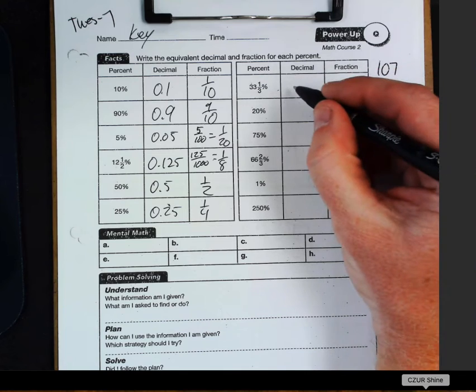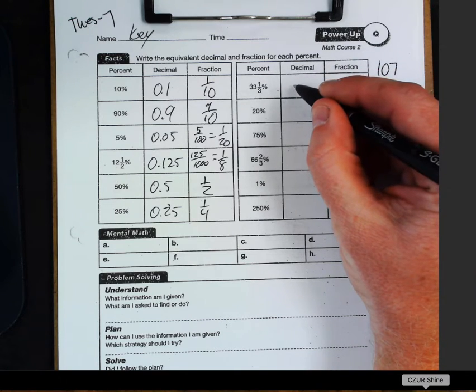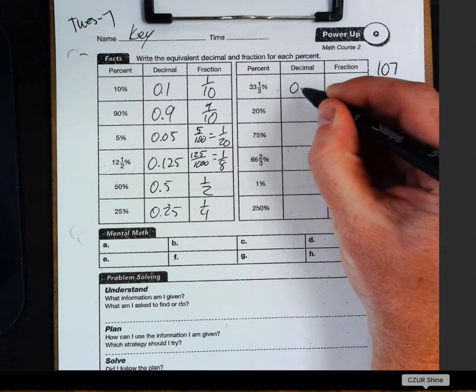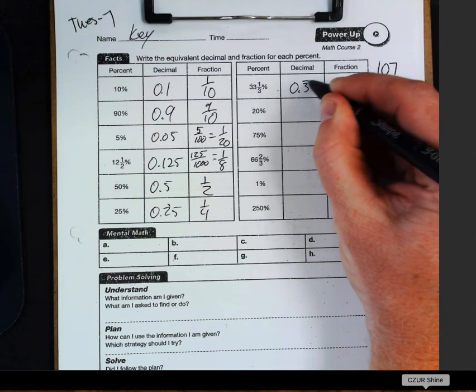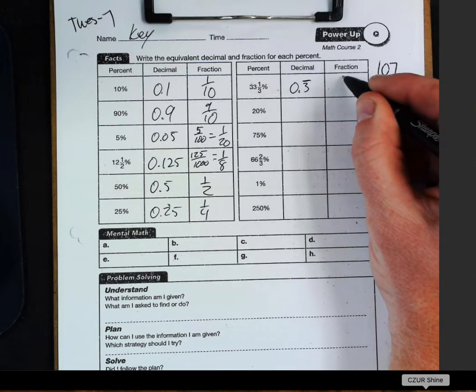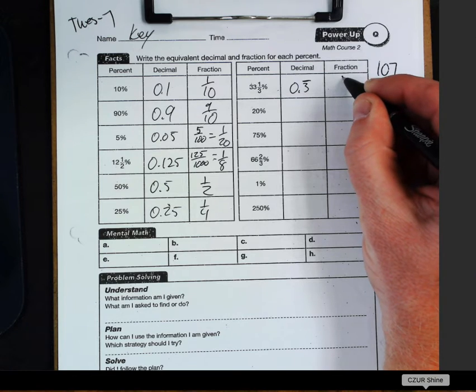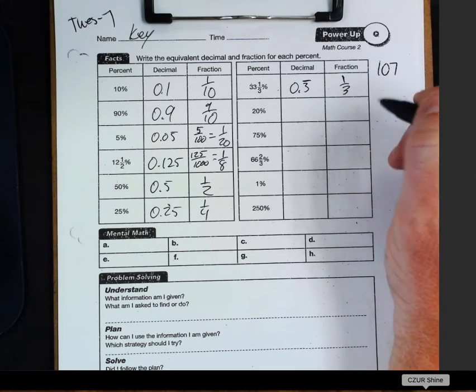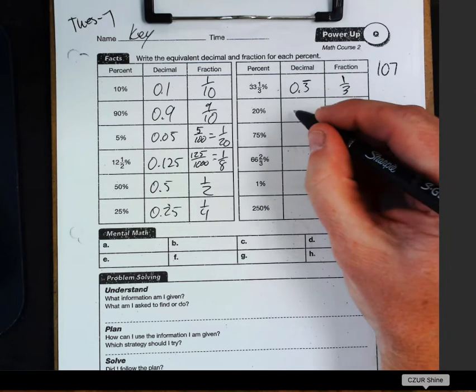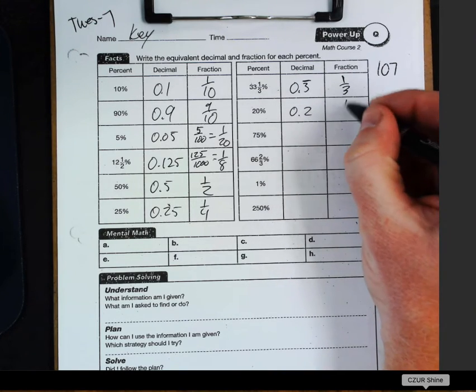Cam. 33.3 repeated, and I think it's 1/3. Next one. Alex. 0.2 and 1/5.